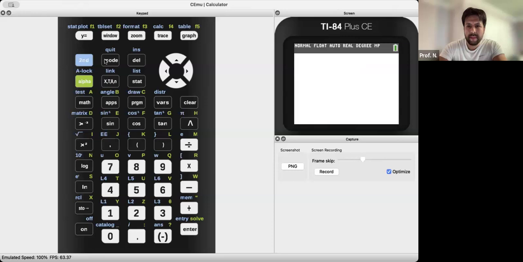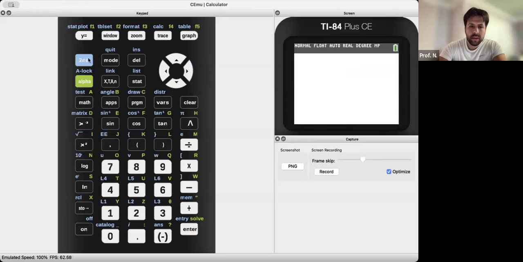And then I can edit another matrix. In this case, I'm gonna do a 3 by 1 column vector, and this will be 1. Okay.